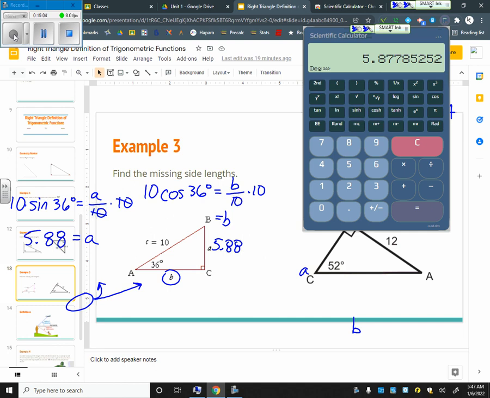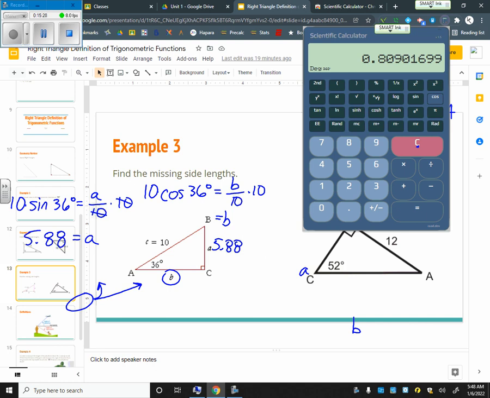So I've got clear here. Oops. Clear. Let's just do 36. Then I hit my cosine button. And that's going to be that weird ratio that is adjacent over hypotenuse of a 36-degree angle in a triangle.